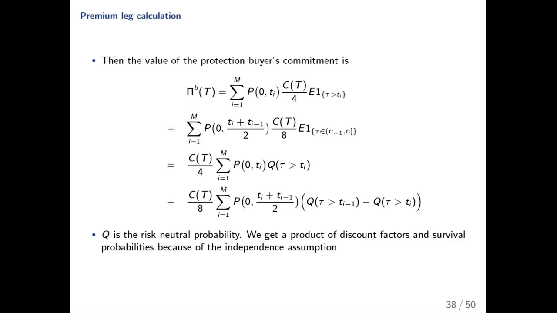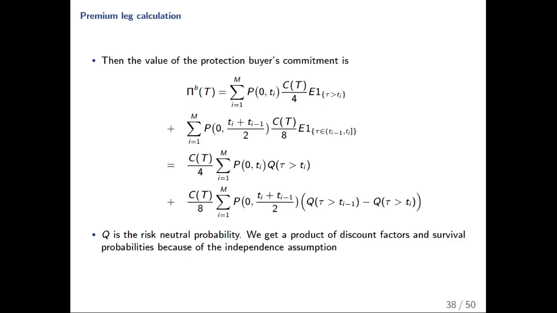This is the probability of surviving beyond t, this is the probability of surviving beyond t minus 1. What's the probability of defaulting within the interval t minus 1 and t? Well, it's just the difference between these two cumulative probabilities. So this is just the probability that I default in the interval t minus 1 and t. This is going to be the expected value of the seller's payment leg.